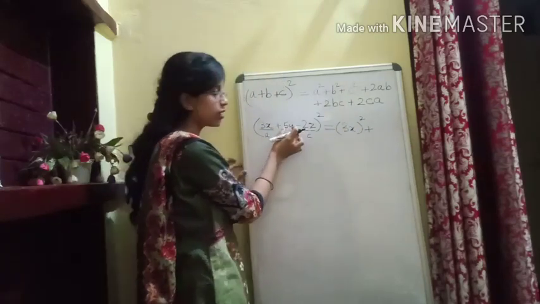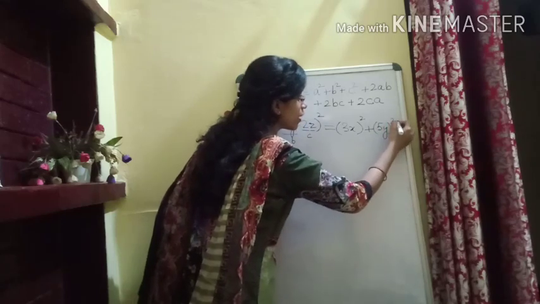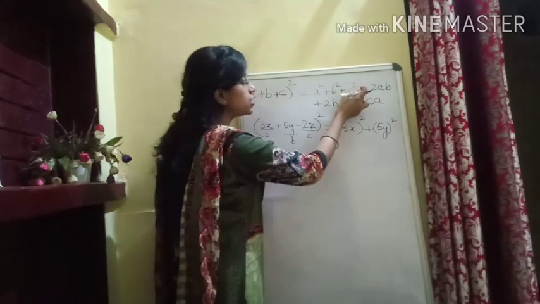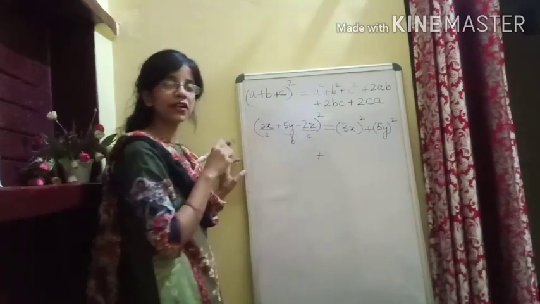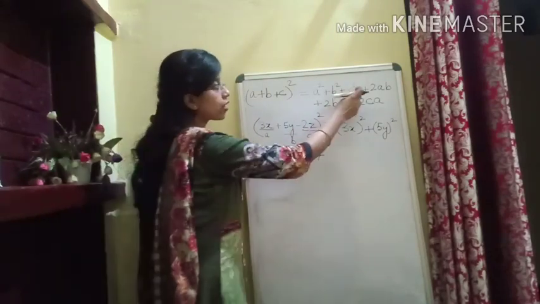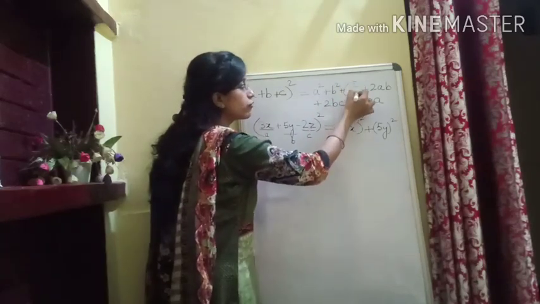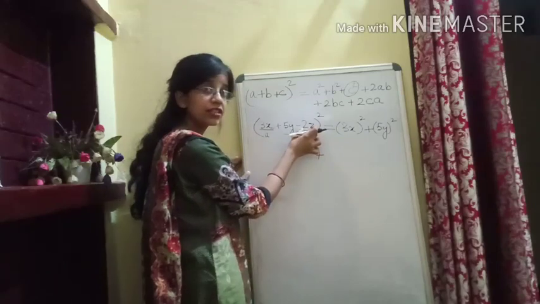What is our b? 5y, so we square it, 5y whole square, plus c square. What is our c? 2z or minus 2z? Yes, we have minus 2z. According to the question we have written plus, and now at the place of c we have to write minus 2z.